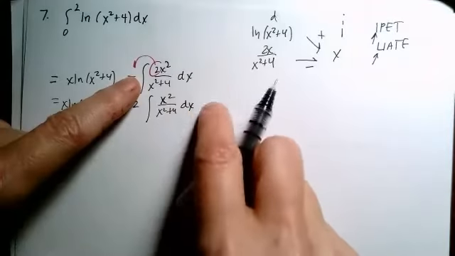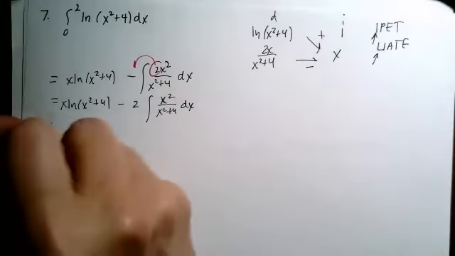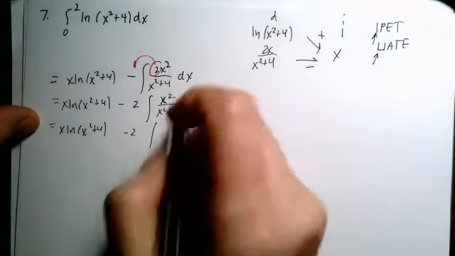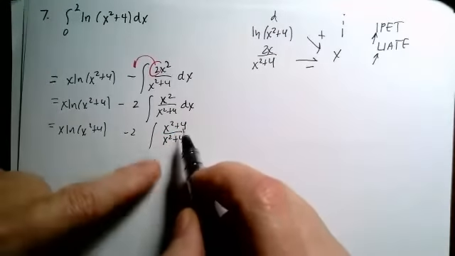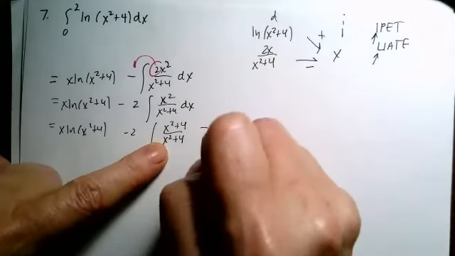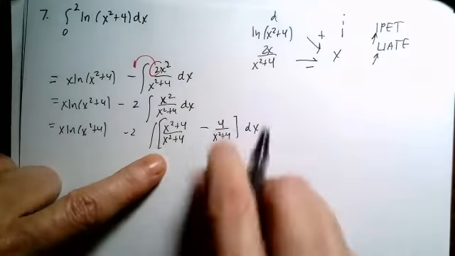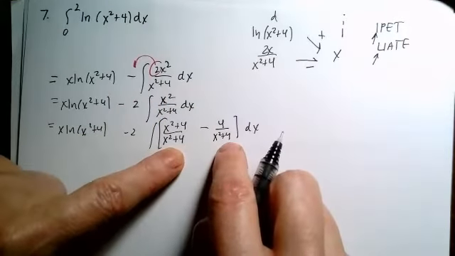What did you think it was? Now I'm going to rewrite this as x squared plus 4 over x squared plus 4, because I'm adding 4, I'm going to subtract 4. It's the same thing. I'm just putting it in a form where it's easier to integrate.